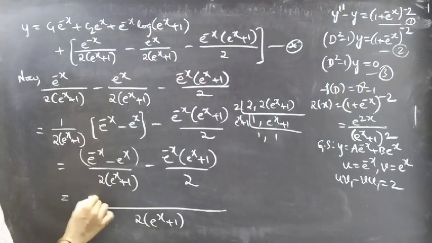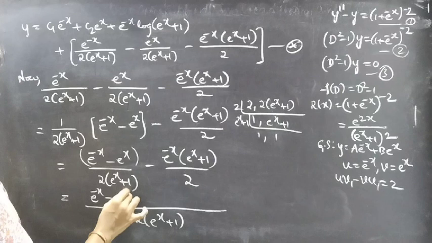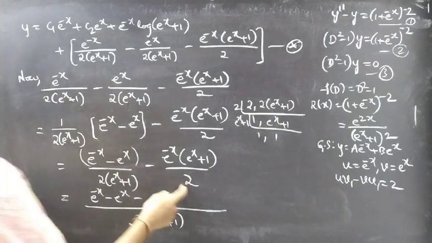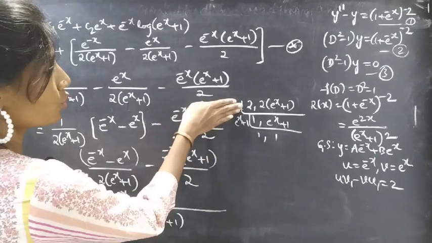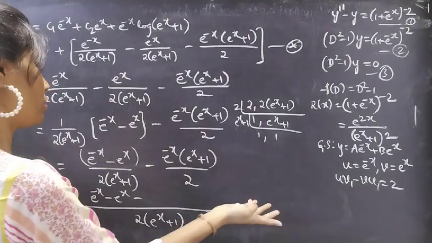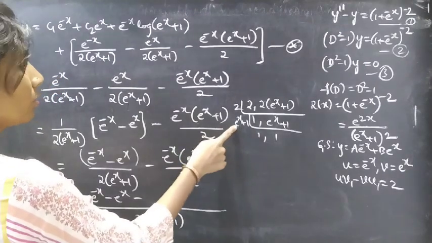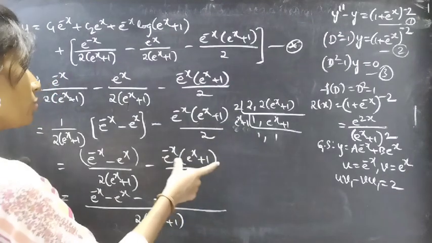So you can just write the numerator as it is, but in the denominator of the second term you're having 2, so we need e^x + 1. So let's multiply (e^x + 1) to this numerator.